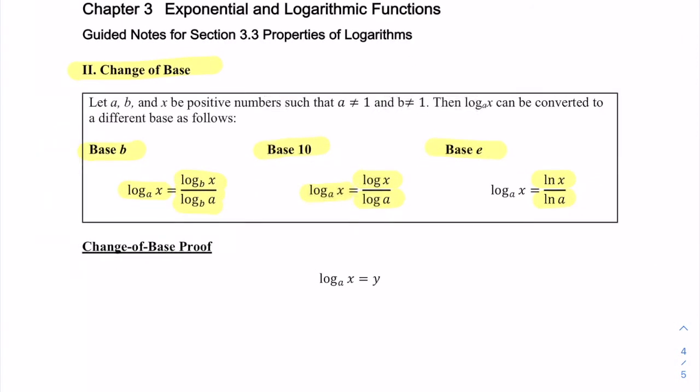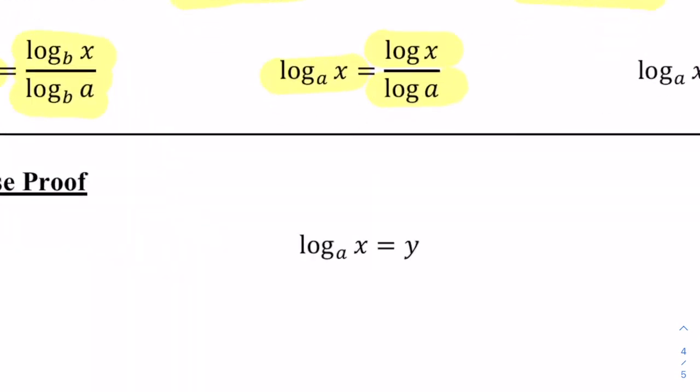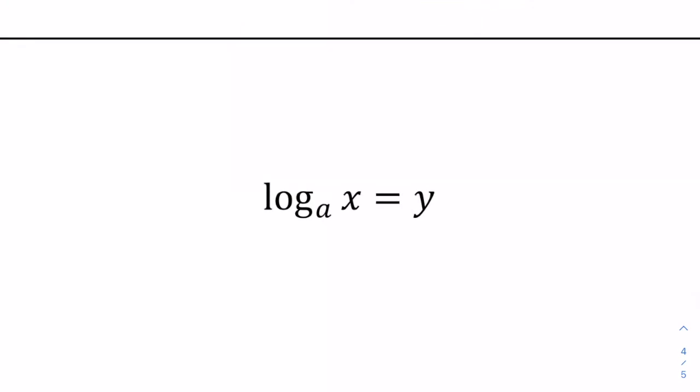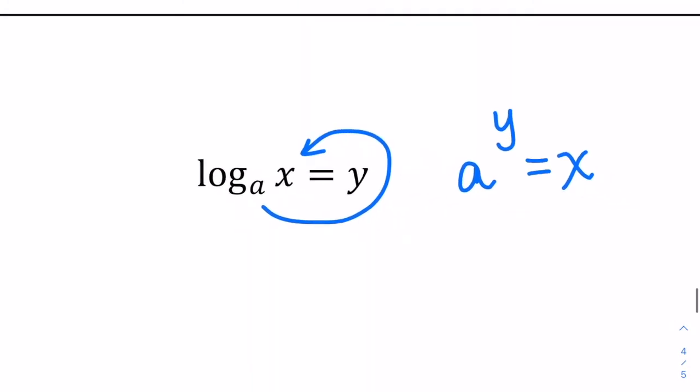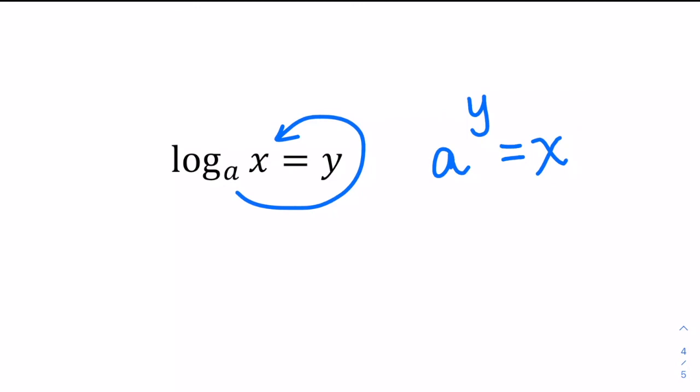Now the proof for this is pretty easy. I think you would like this. Here we have log base a of x equals y. In exponential form, we would write this as a to the y equals x. What we can do is use any log and take the log of both sides.